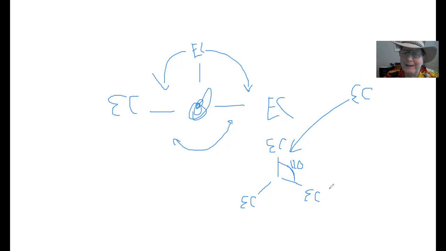So you might like to think if I throw another electron cloud in here, I get something that looks like this, which stays on the plane. Is this as far as these 4 electron clouds can get away from one another? Is that as far as they can get away from each other?